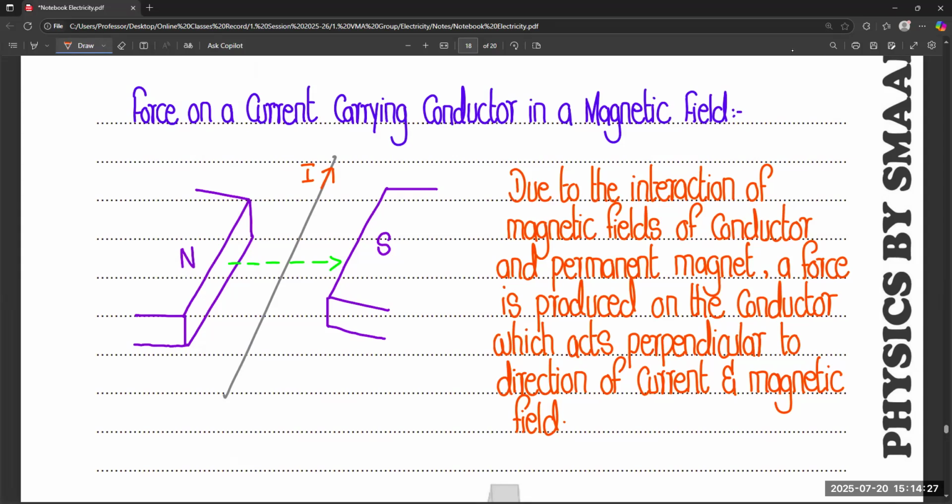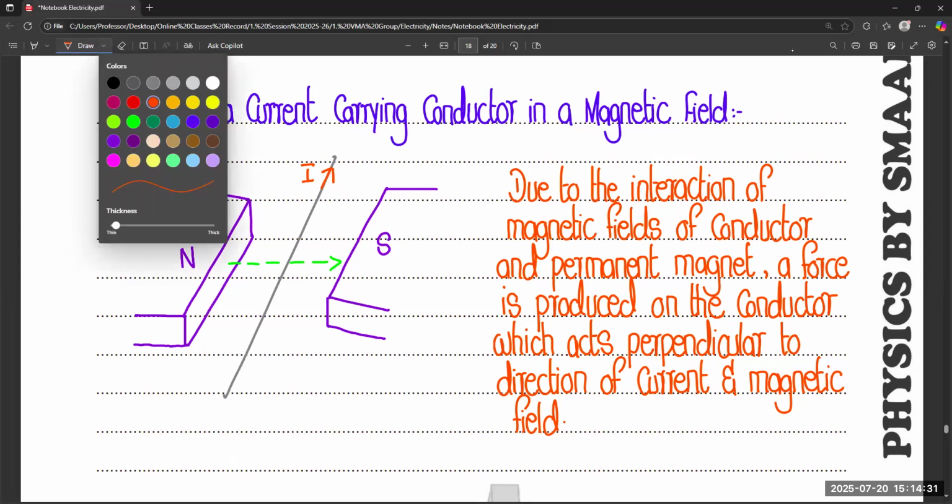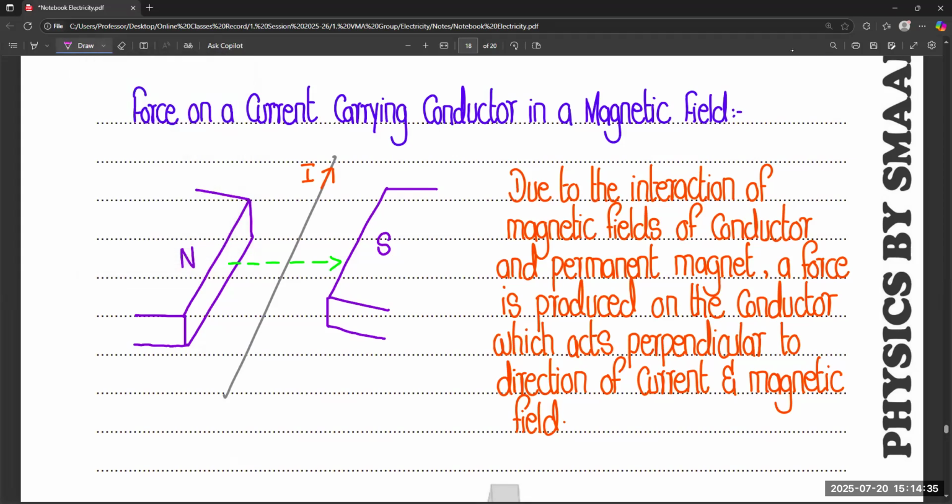Let's suppose in this case, the direction of the force is downward. So this is the direction of the force on the wire, that is in downward direction.